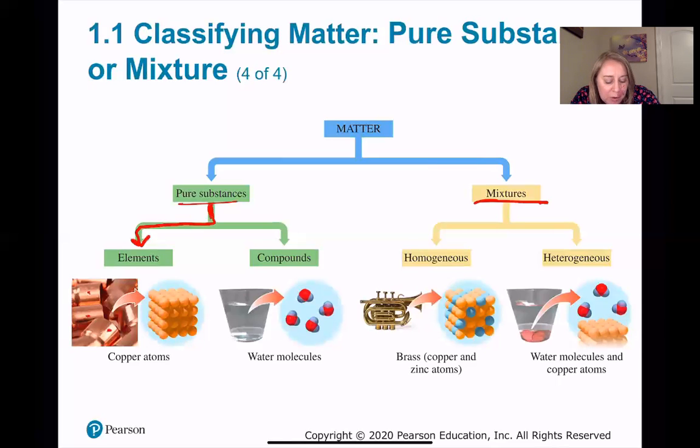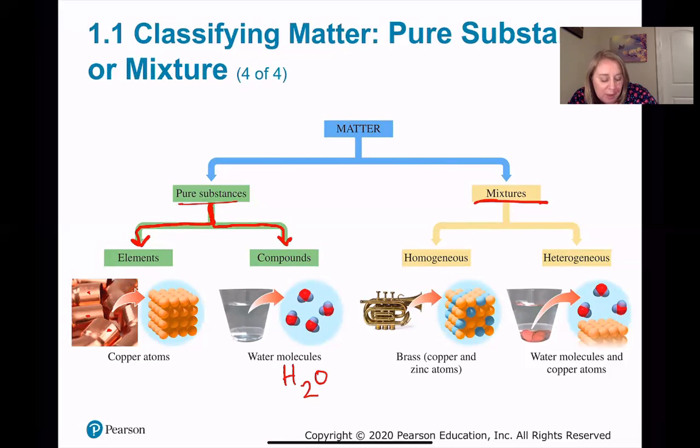Or you could have a pure substance made up of more than one type of atom. Our example here was water molecules, H2O. We have hydrogen atoms and oxygen atoms. So that's a compound.